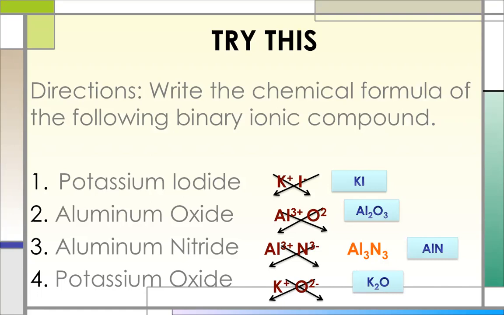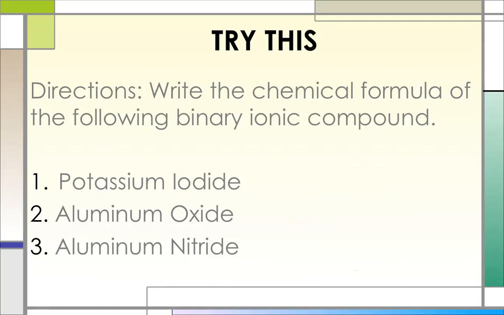Now, you will wonder how we are going to find again the charges of the cations. If you go back to your periodic table, you can find it at the top of each element, at the column of each element. Let's go back to the periodic table.